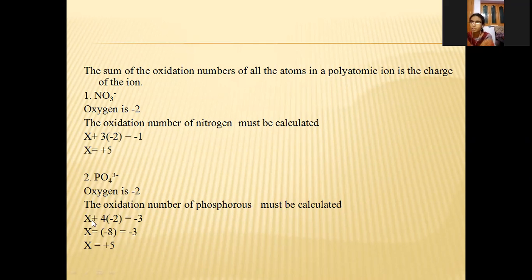Let's assume phosphorus is X, plus 4 oxygen atoms, each with oxidation number -2, equals the charge of -3. So 4 times 2 is 8, minus 8 equals -3. If minus 8 is shifted to the other side, it becomes plus 8. So 8 minus 3 is 5. The oxidation number of phosphorus is plus 5.